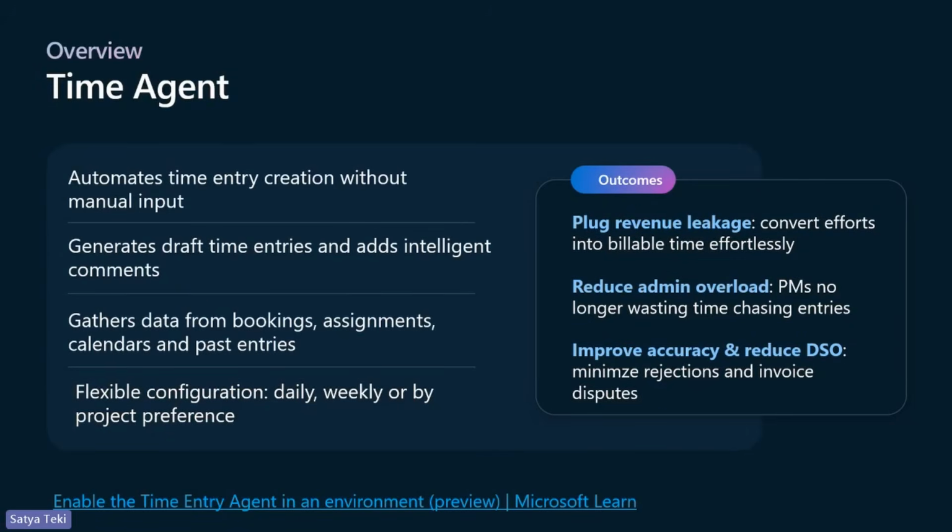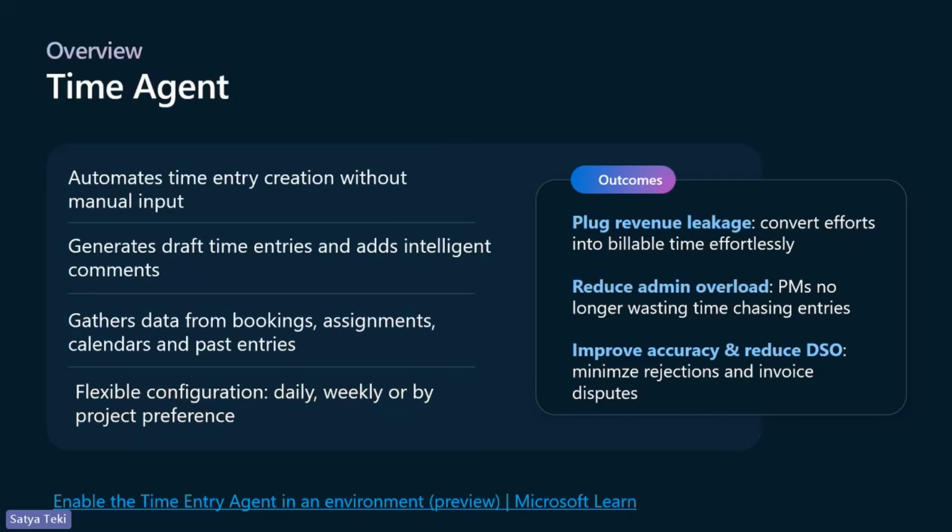Time agent automates the creation of time entries, freeing your project team from the manual, error-prone process of logging hours. It leverages data from Dynamics 365 Project Operations and other Microsoft productivity apps to generate accurate time entries and work commentaries automatically.